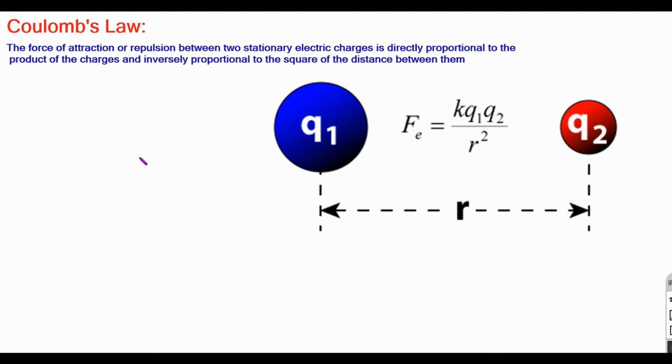Here I have mentioned once again Coulomb's law. The force of attraction or repulsion between two stationary electric charges is directly proportional to the product of the charges and inversely proportional to the square of the distance between them. As you can see, there are two charges here, Q1 and Q2, and the distance of separation between these two charges is r.